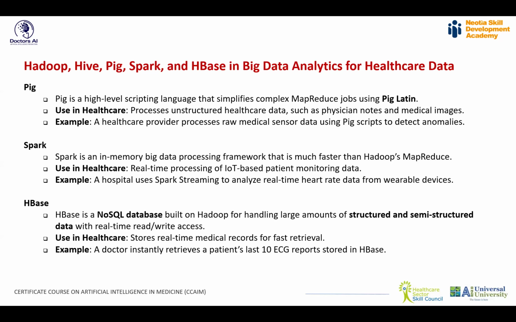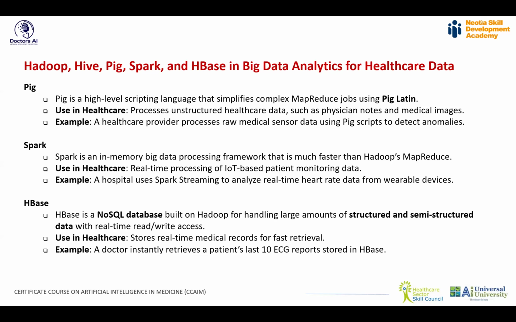The next technology is called Spark. Spark is an in-memory big data processing framework that is much faster than Hadoop's MapReduce. Spark is used in real-time processing where you are collecting data based on some IoT, patient monitoring data related to blood pressure, sugar level, etc. On a real-time basis, you can extract this data for further analysis, real-time analytics, and you can use the Spark.